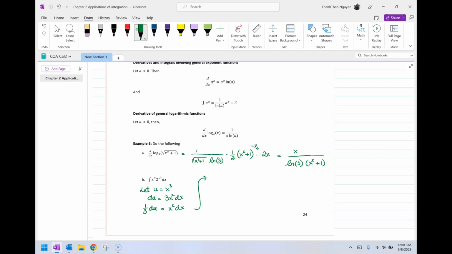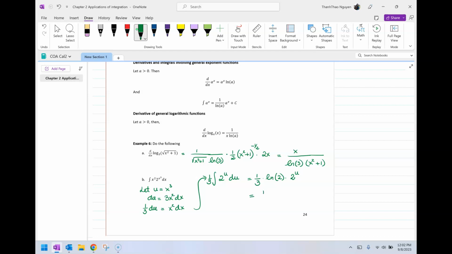I can rewrite my integral as 1/3 times 2 to the u du, and this equals 1/3 times ln of 2 times 2 to the u, where u equals x to the third.